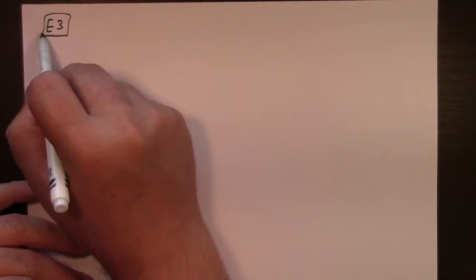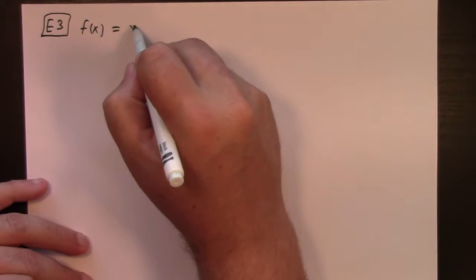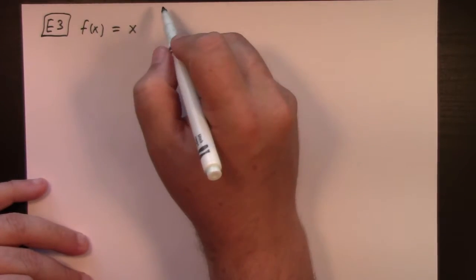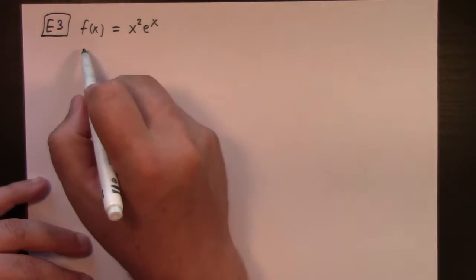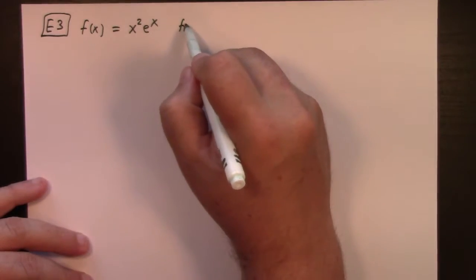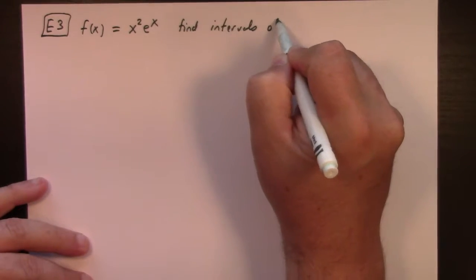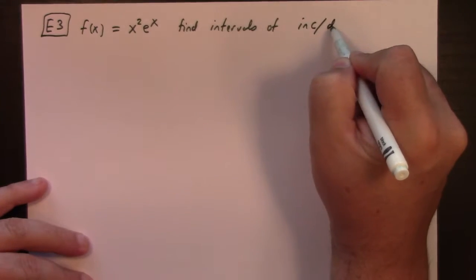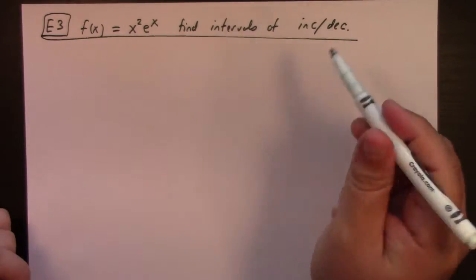So in the next example here, let's look at a slightly more interesting function, example 3. Let's look at f of x equals, say, x squared e to the x, all right? So here, what I want to do is find the intervals of increase and decrease.